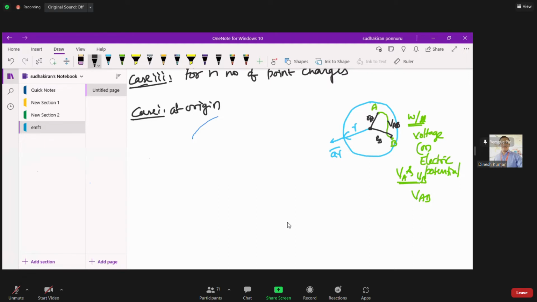Point A and point B are two different locations inside this field. If you are moving the point charge from point A to point B, point A is located at a distance of RA from the origin, and point B is located at a distance of RB from the origin, and we need to find the potential difference between VA and VB.